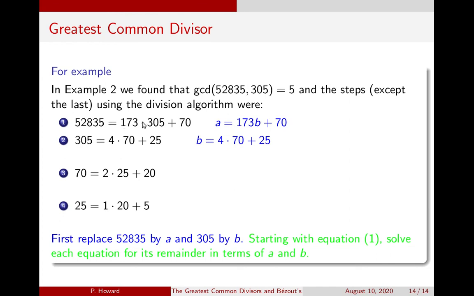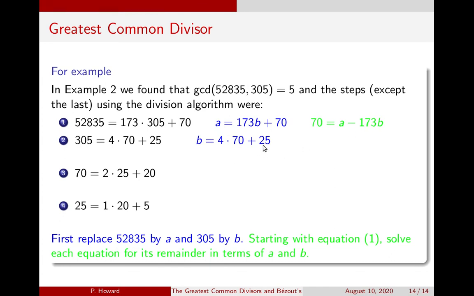We're solving equation 1 for its remainder, which is 70. And actually, we're looking at this form of equation 1 with the a and the b. Solving for 70 in terms of a and b is fairly simple. We just subtract 173 times b from both sides. So 70 is a minus 173b.